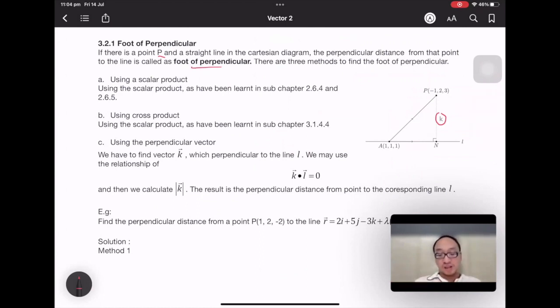Now, we have three methods to find the foot of the perpendicular. The first one, we can use the scalar product. We discussed this at the beginning of this video. The second one, we use the cross product. We discussed this in this video as well.